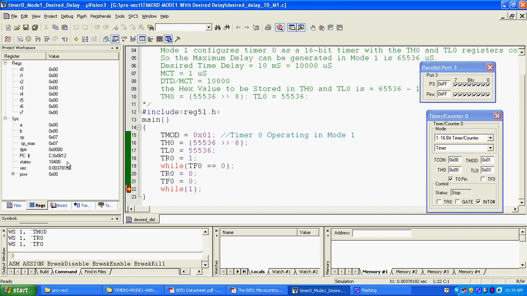Now let's subtract these values: 10,400 minus 389. The value will be approximately 10,011. The exact value is 10,011. So we need a delay of 10,000 microseconds.